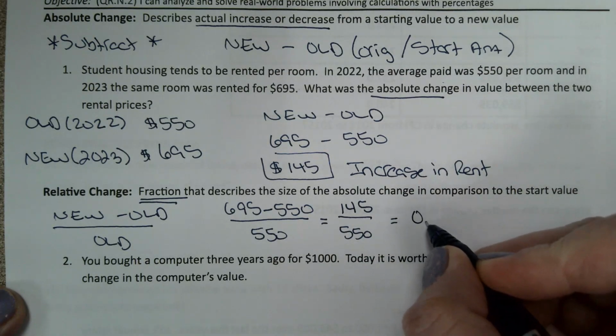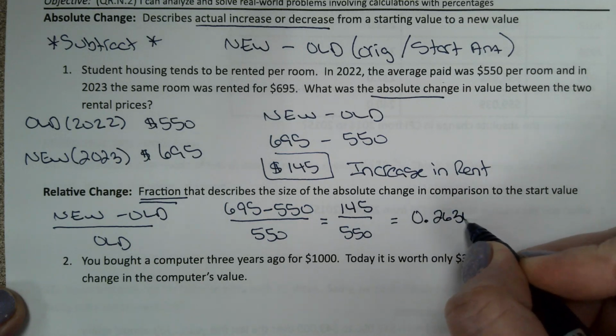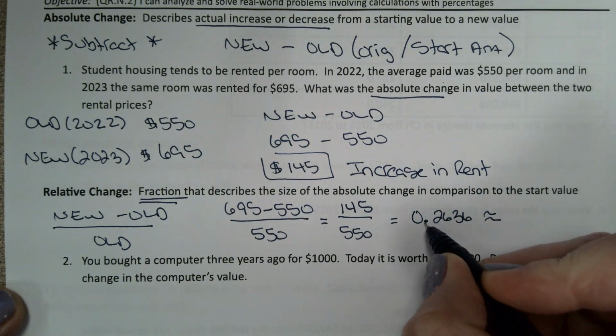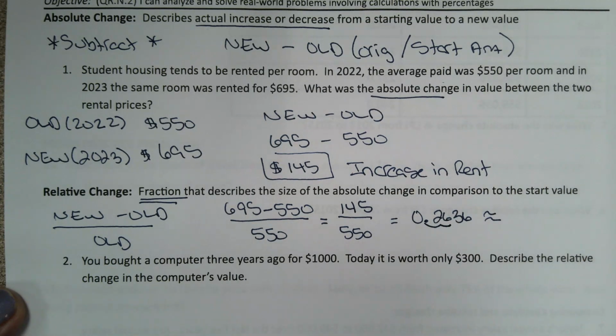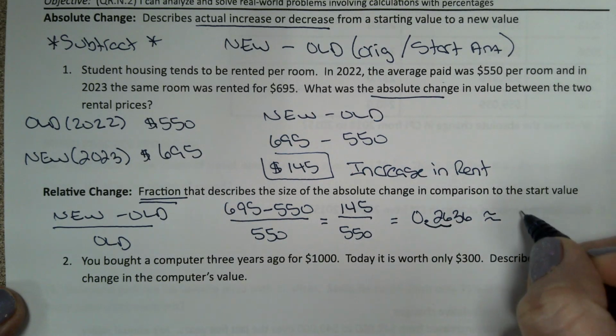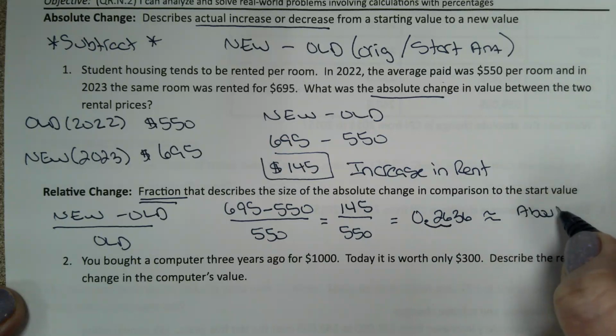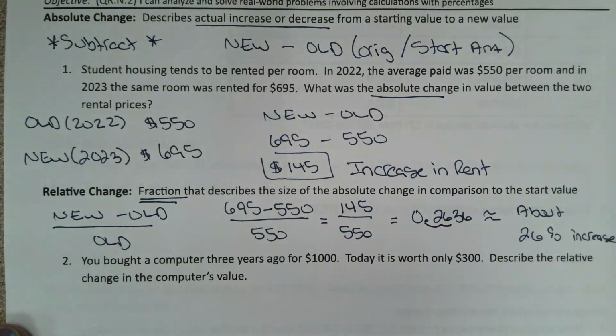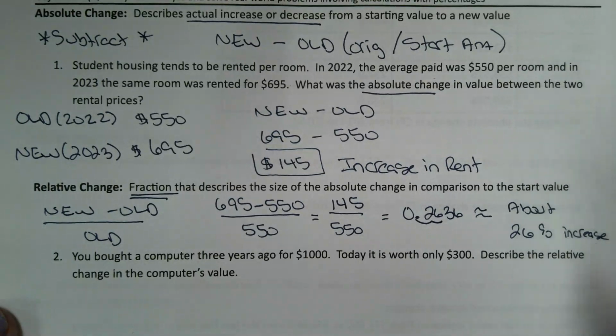And I got 0.2636, and I'm going to change this to a percent, so I'm going to move it 2 places to the right, and I'm going to say it went up about 26%. All right, so we have about a 26% increase here.